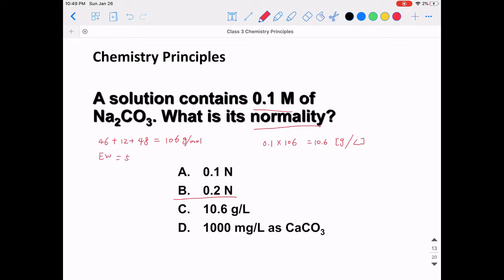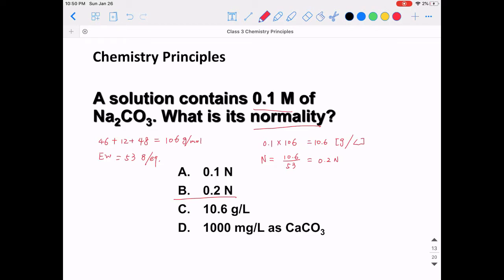That is 53, right? Because it's going to be able to accept 2 protons. So the way we calculate normality, N is going to be equal to the mass concentration, 10.6, divided by 53, which is basically equal to 0.2 N here. Okay?